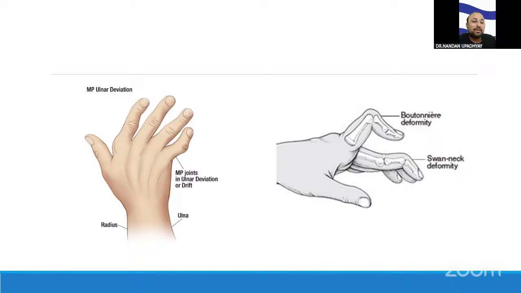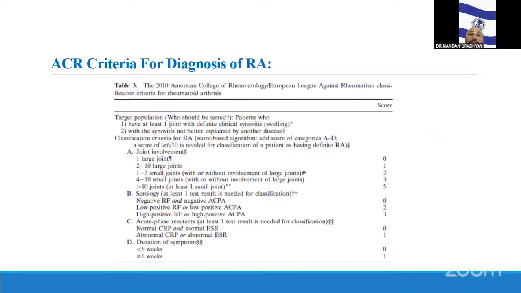Apart from clinical features, how will you diagnose rheumatoid arthritis? Yes, sir. Diagnosis of rheumatoid arthritis is essentially based on clinical features, signs, and symptoms. Apart from that, there is a positive RF factor and anti-CCP antibodies, and an elevation of C-reactive protein and erythrocyte sedimentation rate, sir.